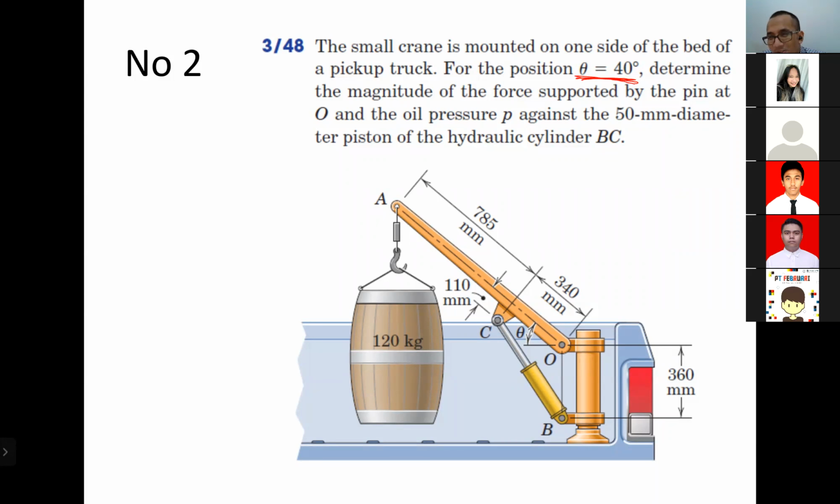Okay, so actually the theta is 40 degrees. The problem is quite simple actually. What you're supposed to do is to find out the force which is happening at CB, FCB.